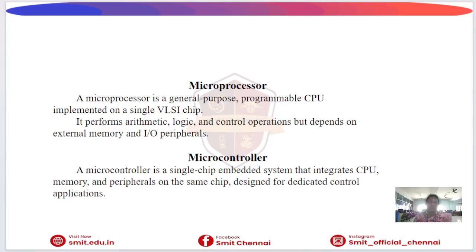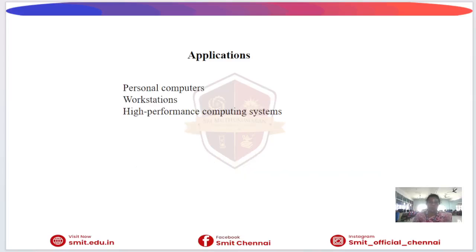What is the comparison between the microprocessor and microcontroller? The microprocessor requires external memory, while the microcontroller has memory built in. The microprocessor has high power consumption, the microcontroller has low power consumption. The microprocessor is used for general purposes, and the microcontroller is used for specific purposes. The microprocessor is used in computers, and the microcontroller is used in embedded systems.